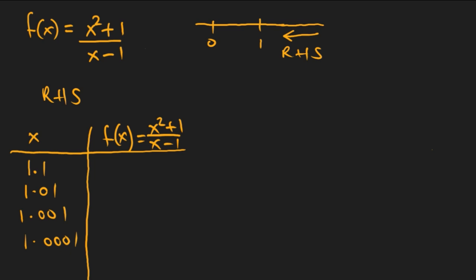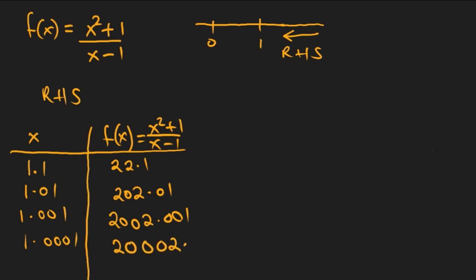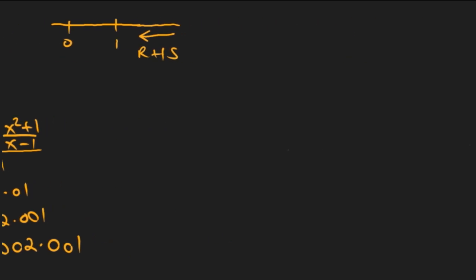When we substitute 1.1 into this, the first one should give us 22.1. 1.01 should also give us 202.01. Then 1.001 will give us 2002.001. 1.0001 into the function will give us 20002.0001. What conclusion can we draw from here?